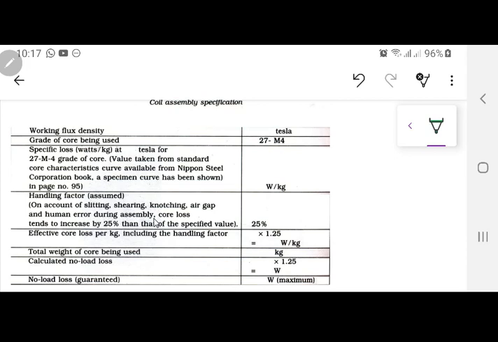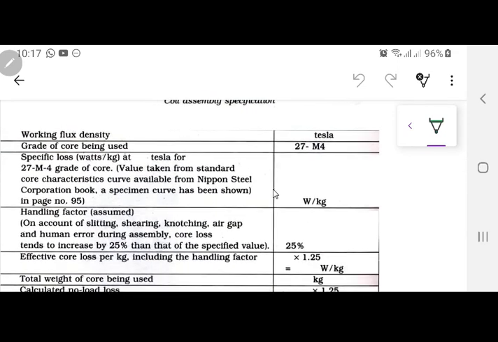Go back to your design wherever we did it. What was the working flux density? जी, what was the working flux density? कुछ याद है? 1.6 तो हमें कहा गया था, लेकिन क्योंकि हमने एरिया थोड़ा सा ज़्यादा कोर का रखा था तो हमारी वर्किंग फ्लक्स डेंसिटी 1.5 समथिंग थी, 1.59 और whatever. जी, anyone with this value 1 point whatever that is? जी, please verify from the previous data, but I remember it was actually 1.59.